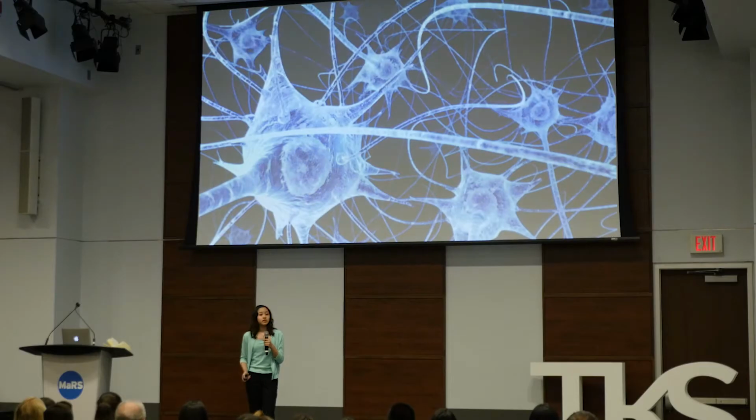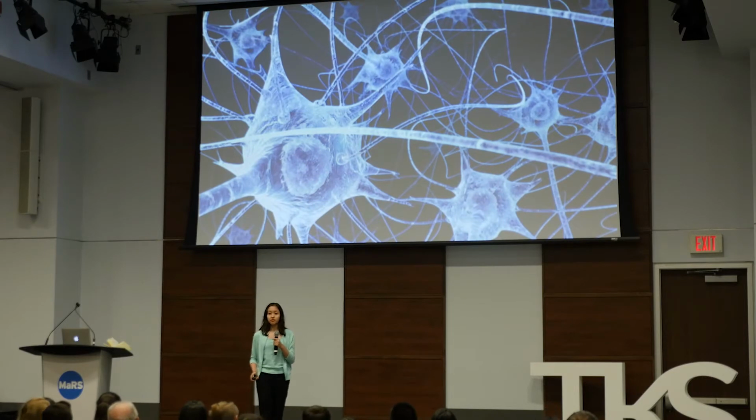But in order to really understand how this technology works, let's take a step back and look at your brains. So your brains consist of various neurons throughout, as many of you probably already know. And every time you have a thought, that means there's a different electrical pulse traveling through your neurons.